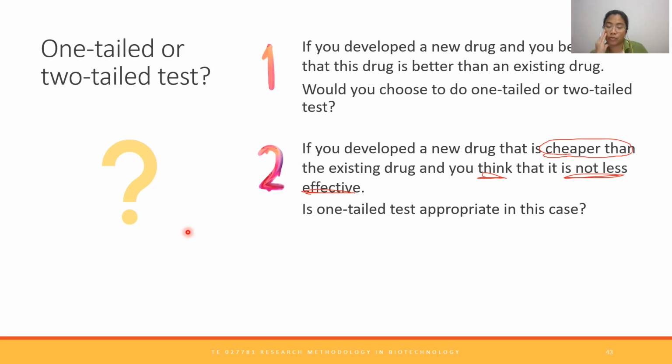Just yes or no. New drug, cheaper, and you think that it is not less effective, is as good as the old drug. Is a one tail test okay, yes or no?